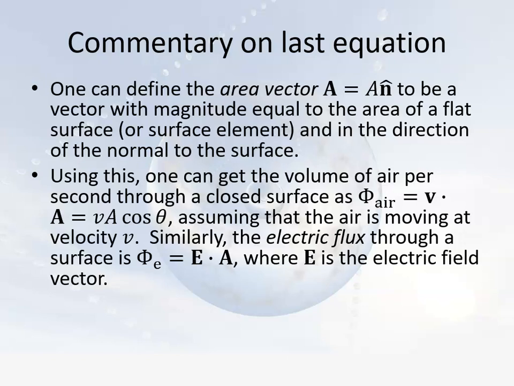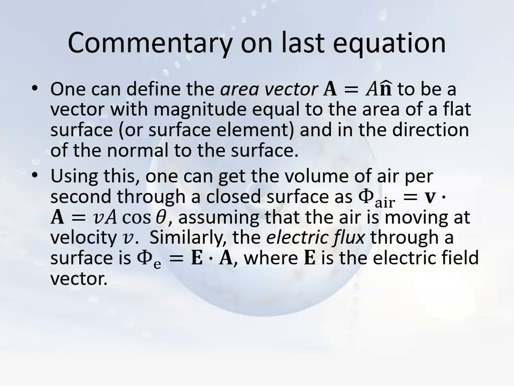You can also make similar analogies, for example, the volume of air per second going through a closed surface would be equal to the velocity of the air vector dotted with the area vector of that surface. So if it's just going straight through the middle of the surface without any funny angle, then that volume of air per second is just given by velocity times area.